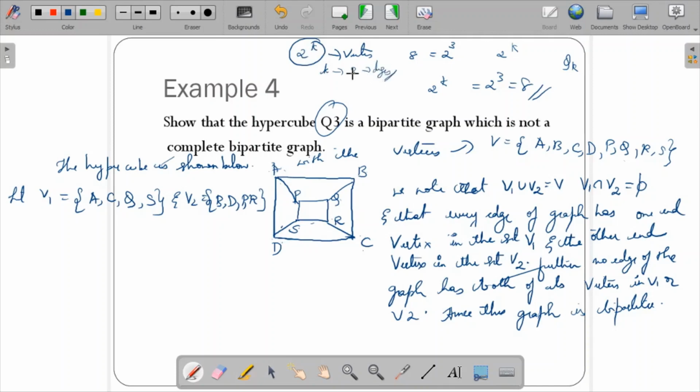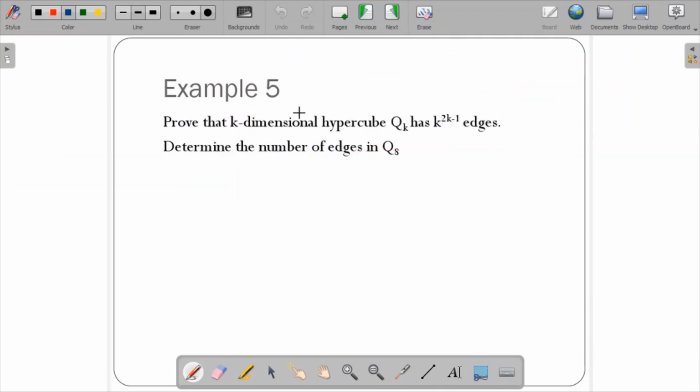Same concept over here also. Prove that the k-dimensional hypercube Qk has k into 2 to the power k minus 1 edges. The hypercube has 2 to the power k vertices, and each has degree k. So just remember the handshaking property: the summation of the degrees is equal to twice the number of edges.